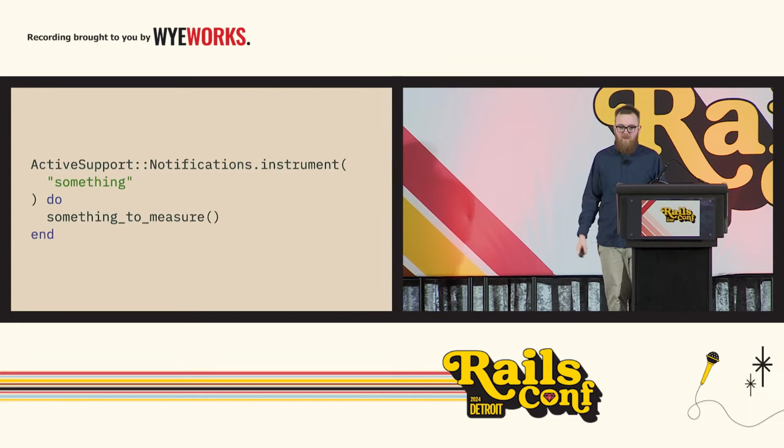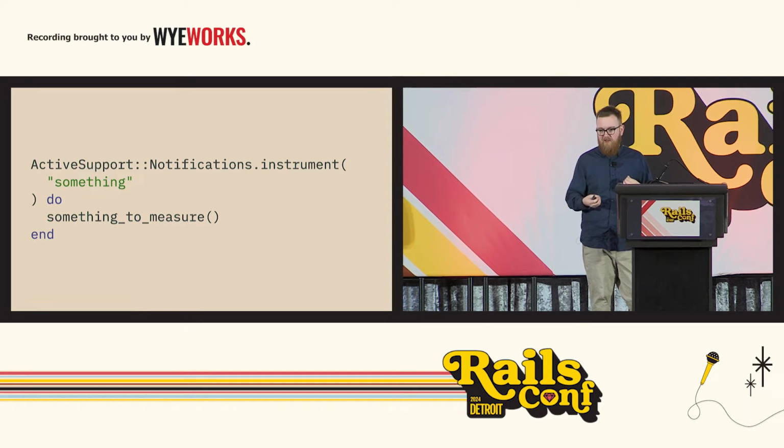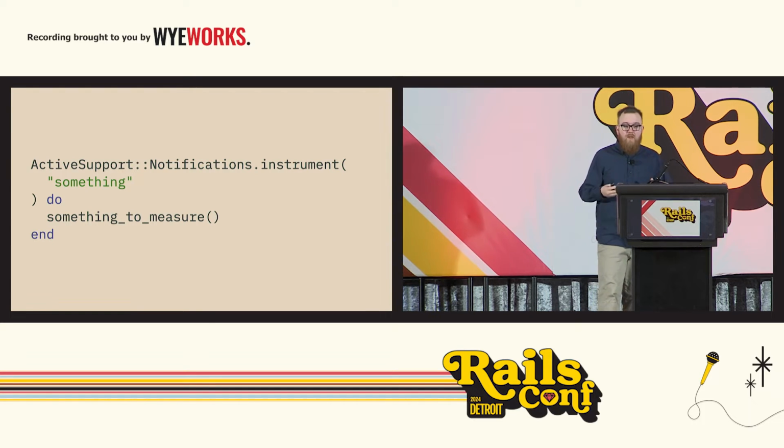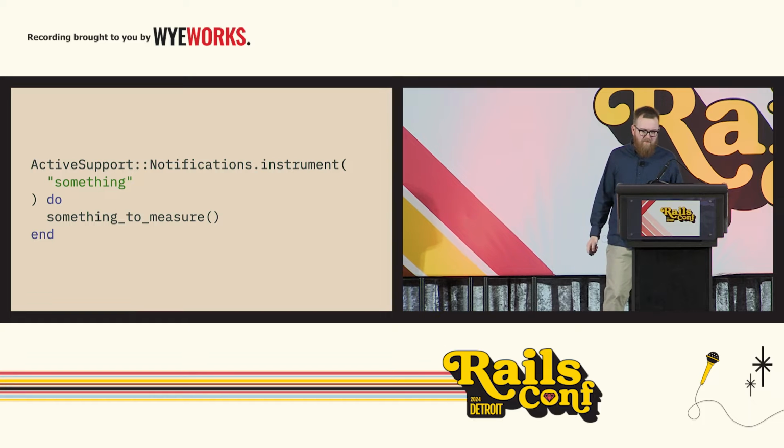So a good tool to help with this is active support notifications. This is an instrumentation framework that's built into Rails. Rails uses this to time all sorts of things within itself. And you can use your own topics too, and I would encourage doing it. It's a very good tool.